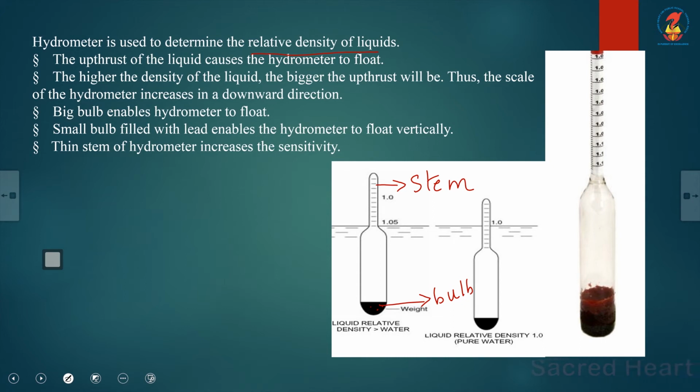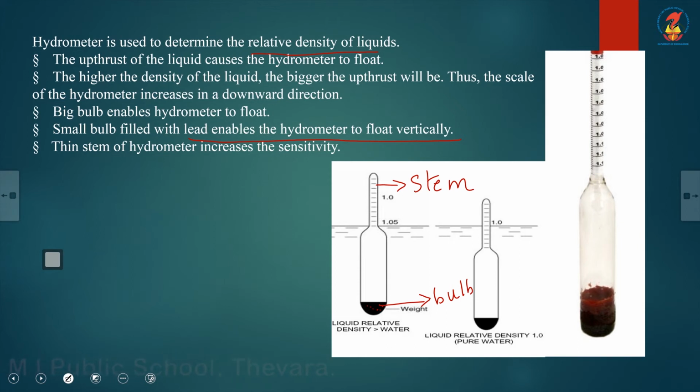The lead shots in the bulb help the hydrometer to float vertically in the fluid.